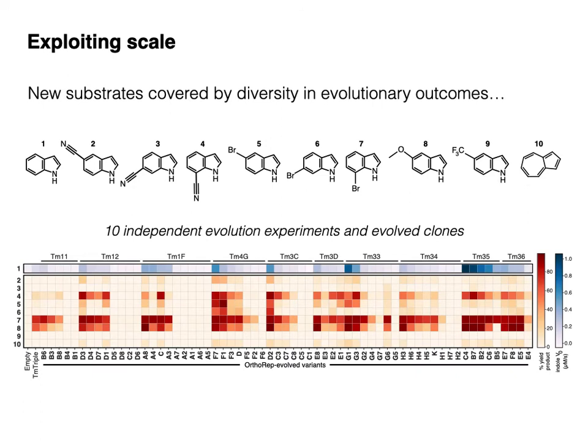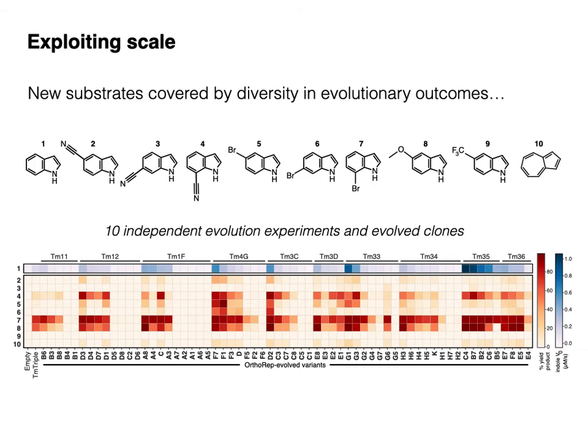Specifically, we just ran more replicates of our TRPB evolution experiment, which is, of course, easy to do, since it just involves passaging cells in diminishing concentrations of tryptophan. The hypothesis, which proved to be correct, was that independent evolution experiments would result in a diverse array of highly active TRPB variants, whose diversity would cover other substrates that we didn't explicitly challenge TRPBs to use.